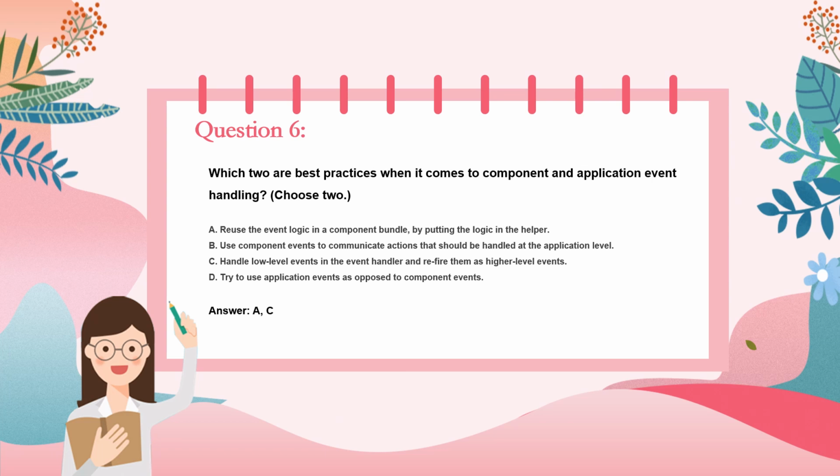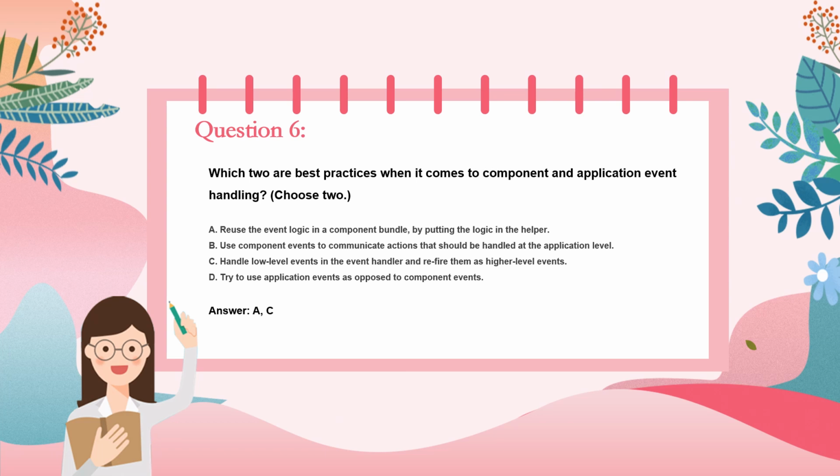Question 6. Which two are best practices when it comes to component and application event handling? Choose two. A. Reuse the event logic in a component bundle, by putting the logic in the helper.